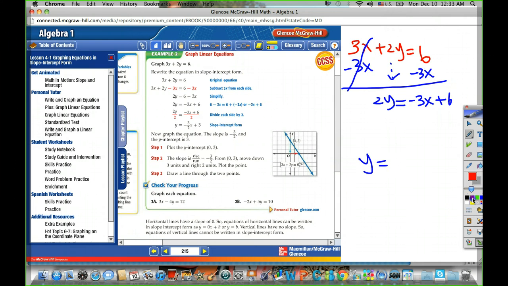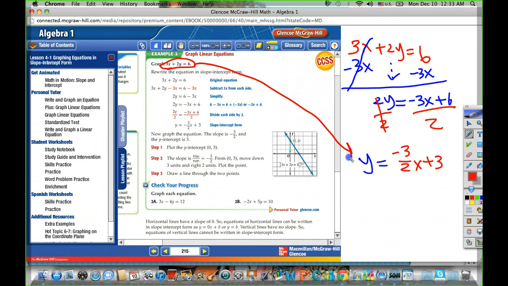Now we're going to divide each side by 2 to eliminate that, because 2 over 2 equals 1. Now I have what I wanted, y equals negative 3 over 2 x plus 6 divided by 2 is 3, so I'm going to put positive 3. So now we've rewritten the equation, which was given in standard form, into slope-intercept form.